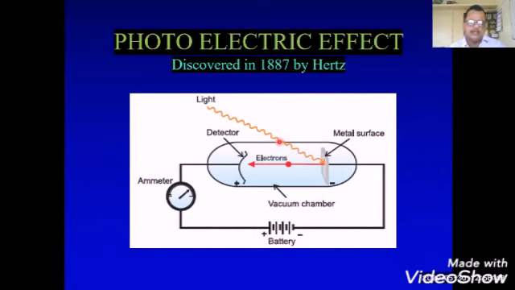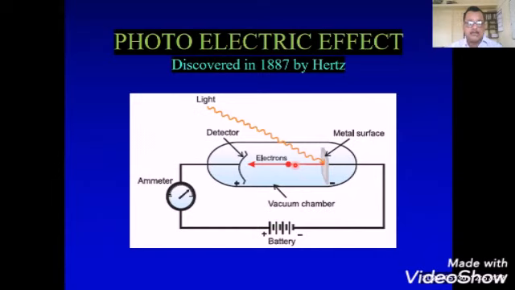Secondly, for a photoelectron to be ejected from the metal surface, light should possess a certain minimum wavelength, called the threshold wavelength, and the frequency corresponding to it is called the threshold frequency. Light with wavelength less than the threshold wavelength will be able to eject photoelectrons, but light with wavelength higher than the threshold wavelength will not.